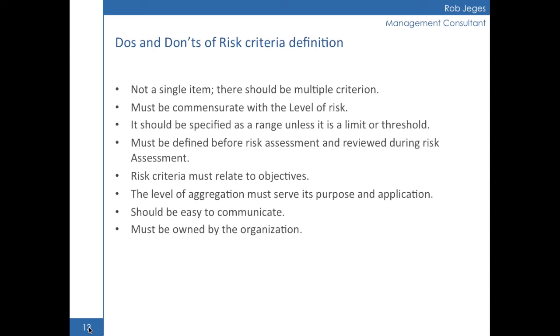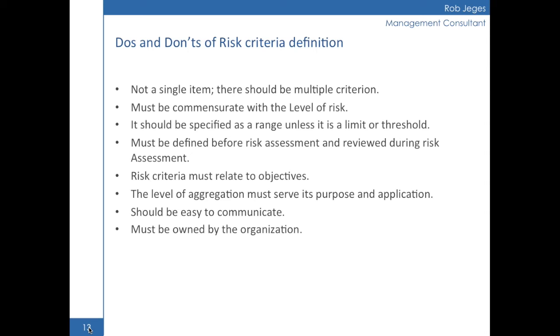The other consideration is the level of aggregation, so you need to bear that in mind. If you need to come up with a consolidated risk criteria for the whole enterprise, you will have to find some common denominator, usually money, and then you need to have some way of assigning value to each of those objectives.